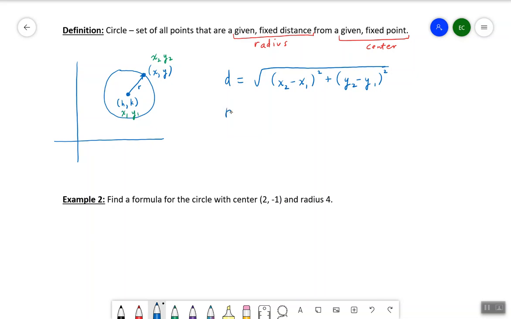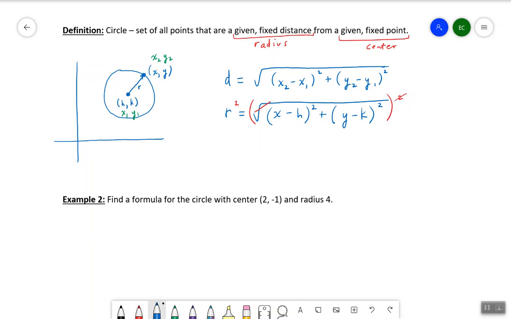So we're going to have r is equal to the square root of (x minus h) quantity squared plus (y minus k) quantity squared. And then what we'd like to do is just square both sides. And if it's okay with you, I'll switch the two sides. The square root and the square are going to cancel.